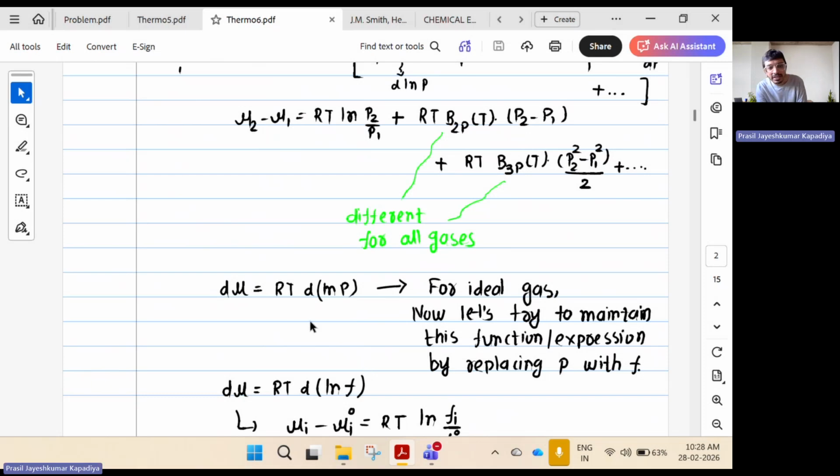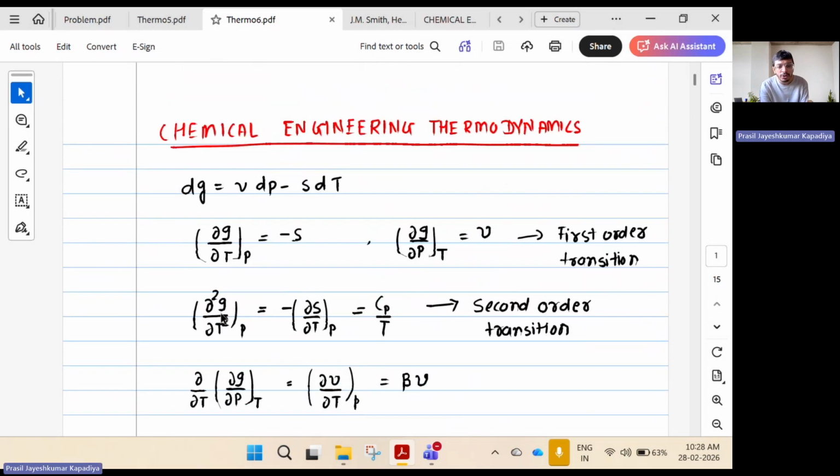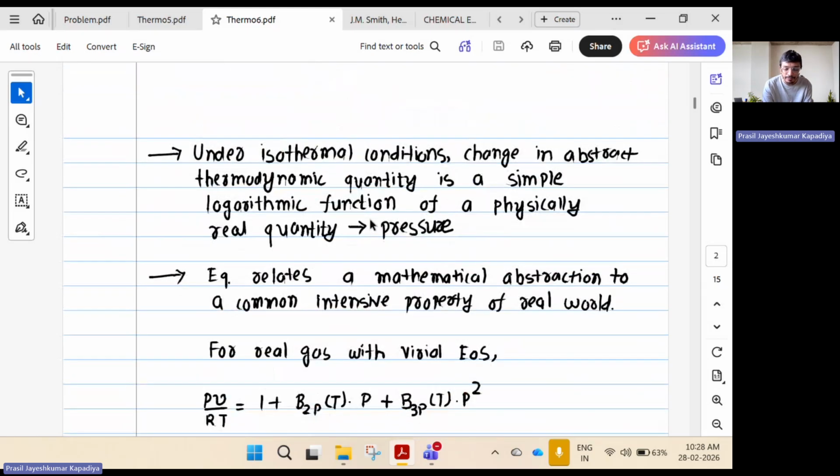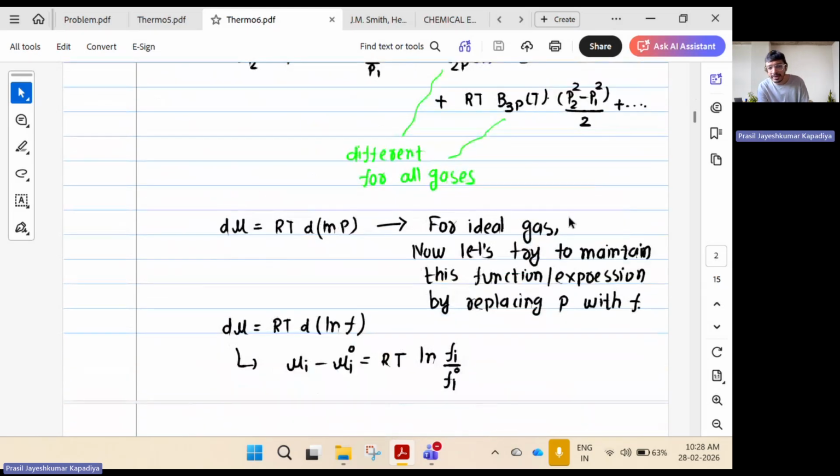We write this equation d mu is equal to RT into d of ln P. We wrote it for ideal gas, and I just want to maintain this expression like this only. So for any real gas, I am writing d mu is equal to RT into d of ln F. So I am defining one term F that is dealing with non-ideality in the pressure terms.